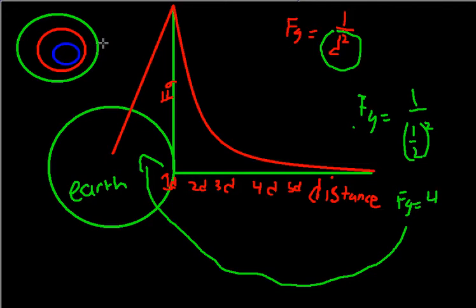Now, imagine that the areas inside each are the amount of mass pulling on you. If we're at the surface, anything inside the green area is pulling on your body. All the stuff inside the red, all of the stuff inside the blue is pulling on your body. That's a lot of matter that's pulling you down.